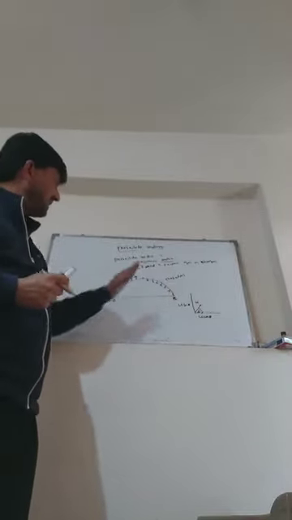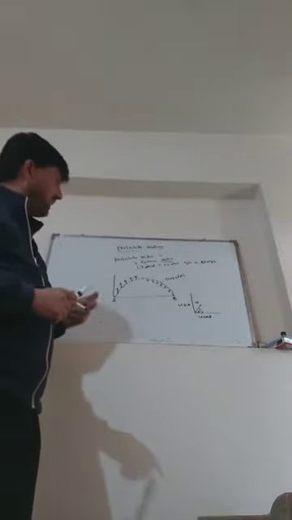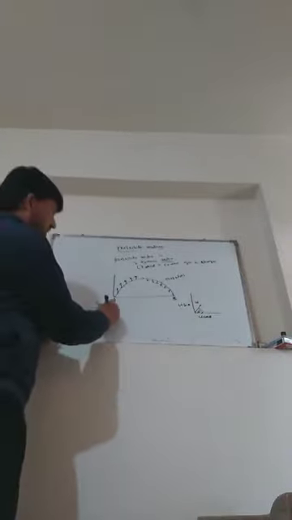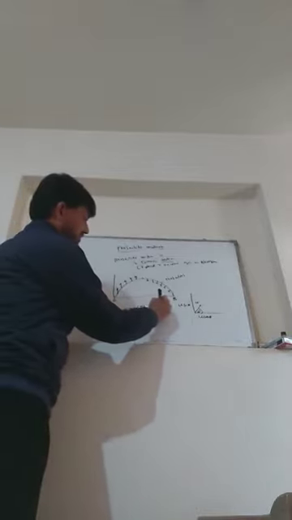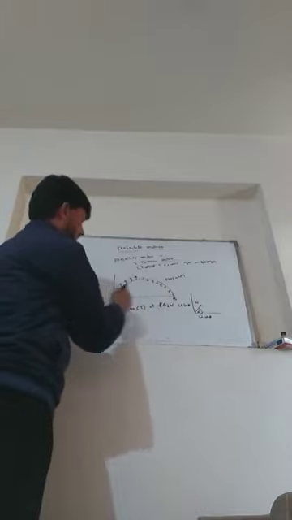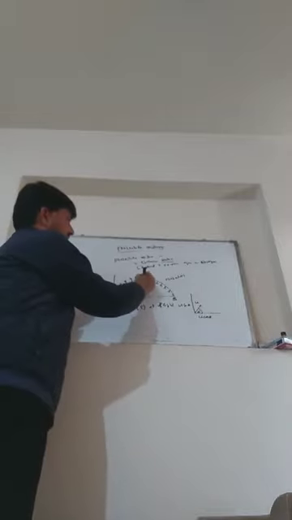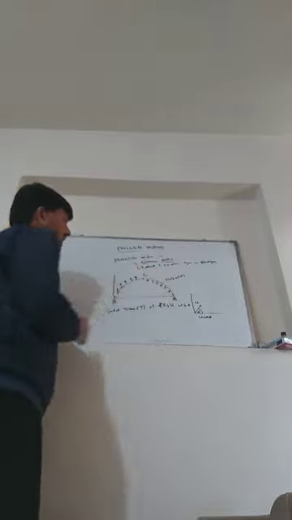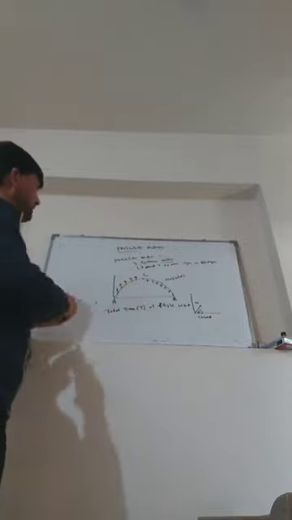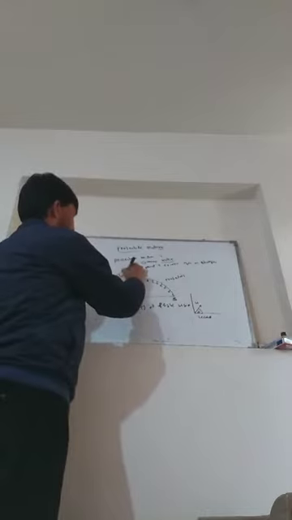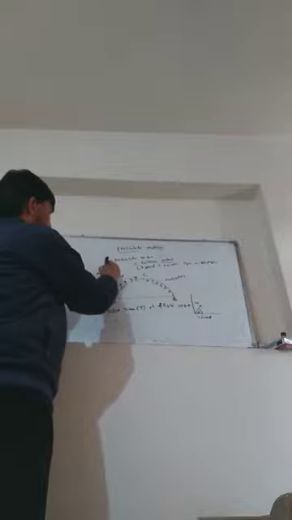This path is called a trajectory, and the time taken by the body from point A to reach point B is called the total time, that is the time of flight, T. The time taken by the body from point A to point C, the point where the vertical component of the velocity becomes zero, is called the time of ascent.